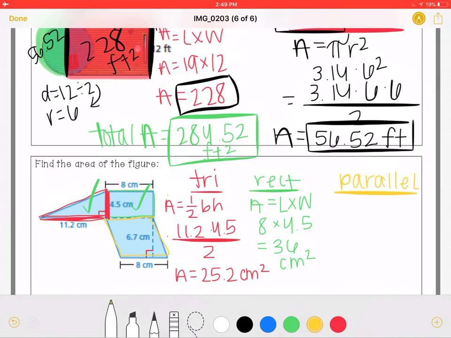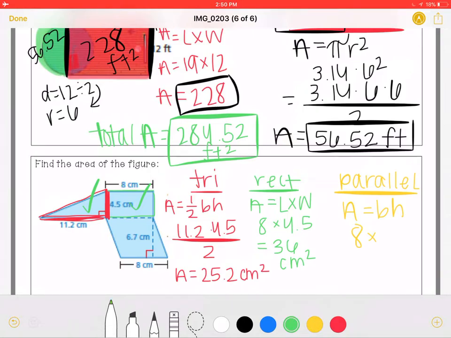To find the area of a parallelogram, you just do your base times your height. That's it. So if I come over here, I see a base or a bottom of 8 centimeters times a height, which is this dotted line. Okay, the reason they show you that right angle there, see that red, is because the height is always up and down. It has to be perpendicular, which means it has to form a right angle.